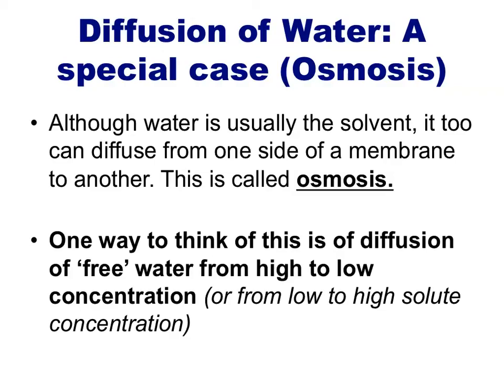An easier way to remember the direction that water will diffuse is to think about the free water or the extra water in a solution or on one side of a membrane. This extra water would be the water that is not busy interacting with solutes.